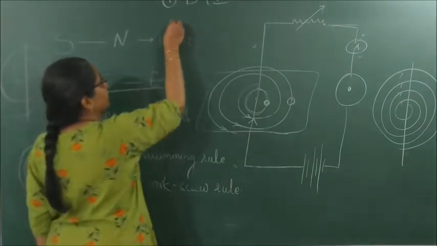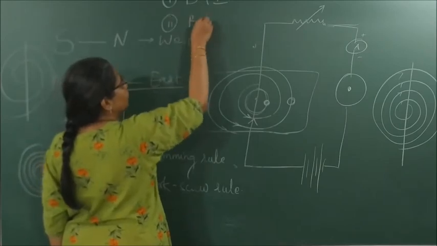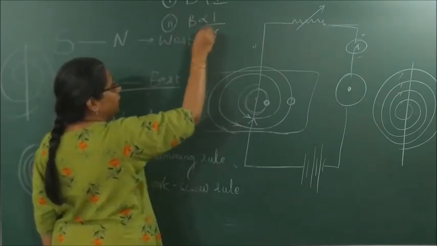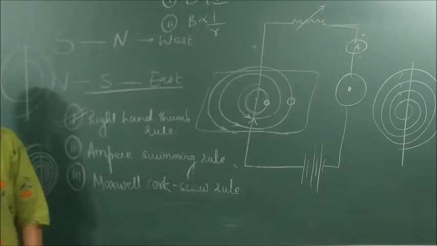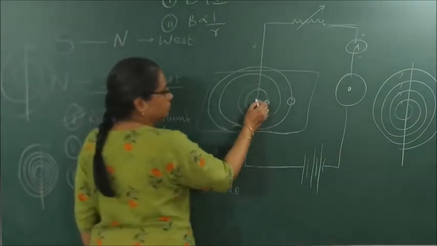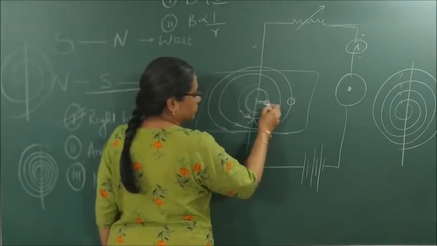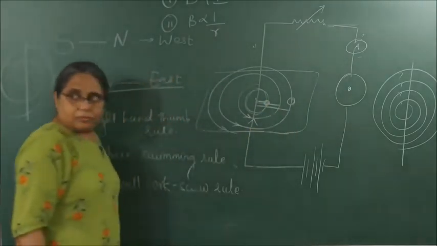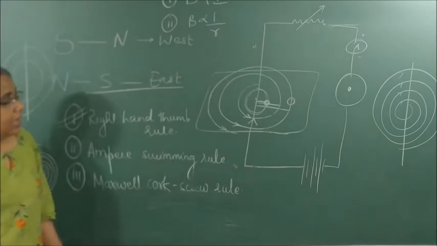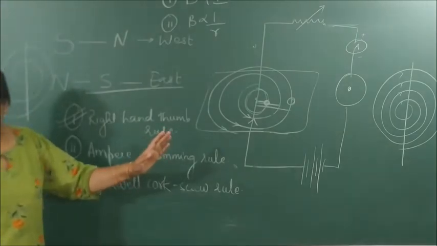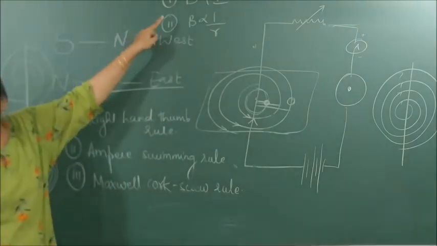Then second, B is inversely proportional to 1 by R, the distance from the wire. This is the radius, no? So what happens? As the distance increases, magnetic field decreases.